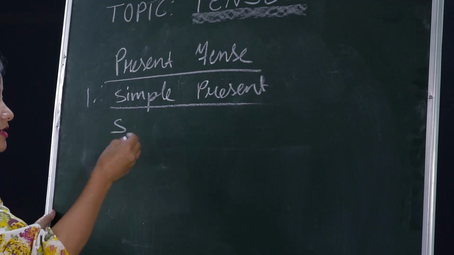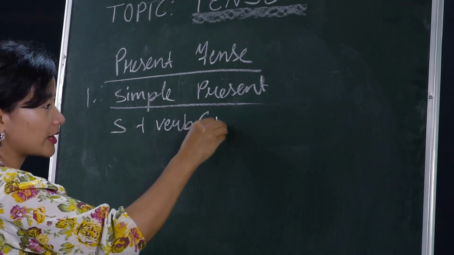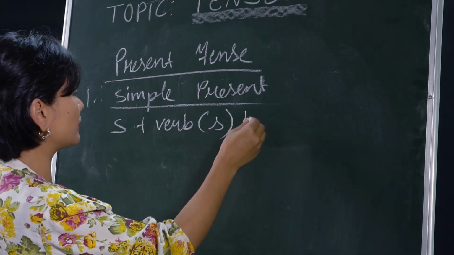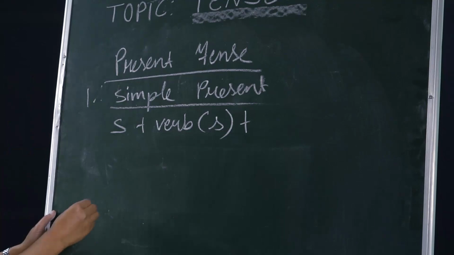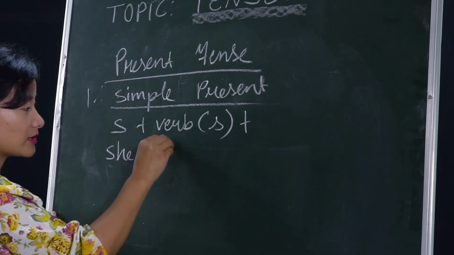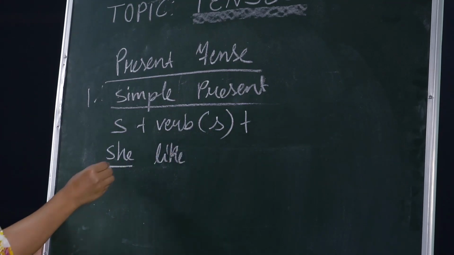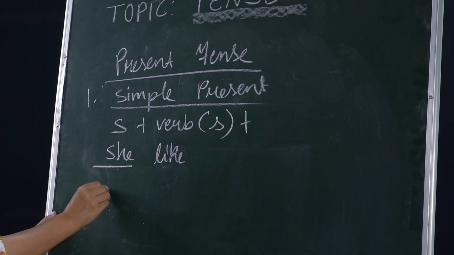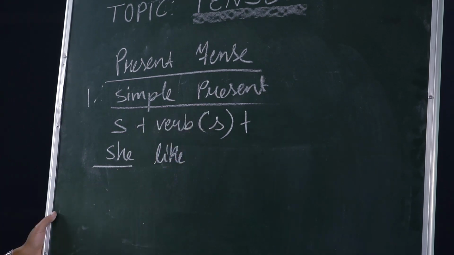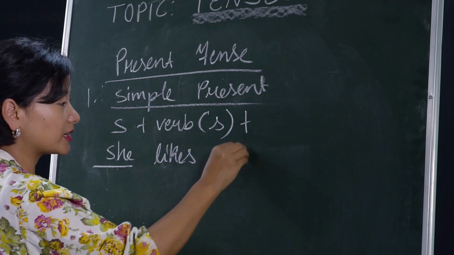That is, we have subject plus verb plus s, you can put it in the bracket, so that would give us the simple present. Let's say she likes. And since, remember, our subject here is third person singular, we need the s here. In some cases you may need it, some cases you may not. So she likes, let's say, ice cream.